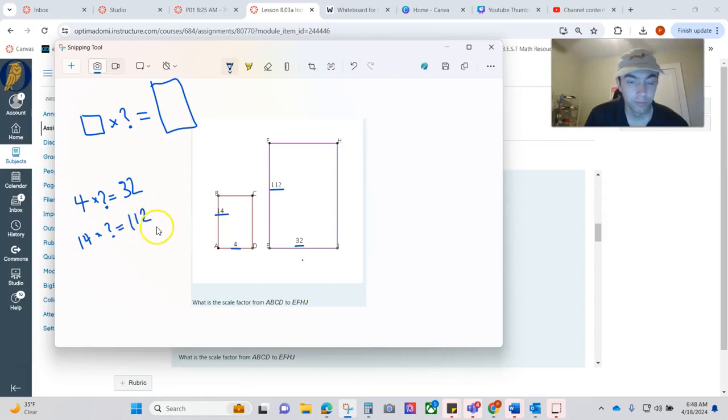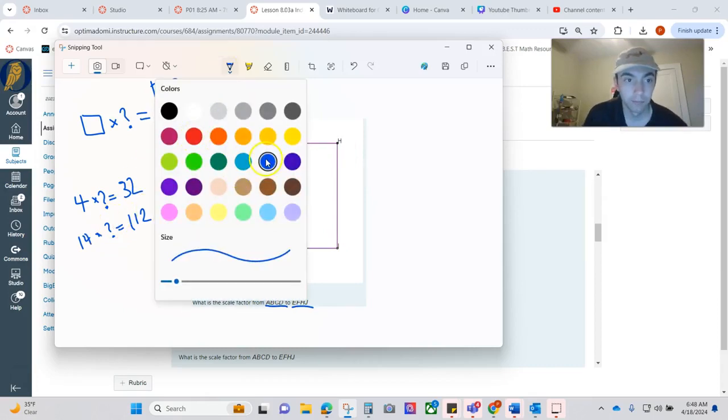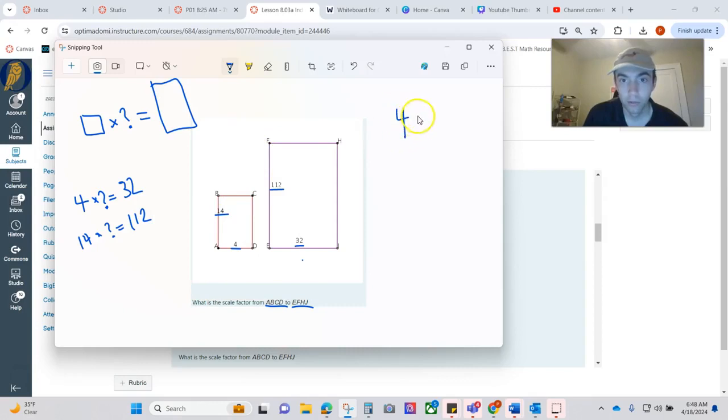We start with the ABCD, then we go to EFHJ. So let's do these one problem at a time. 4 times what is 32? I can't think that in my head. Shoot. But I can use inverse operations to solve this question.